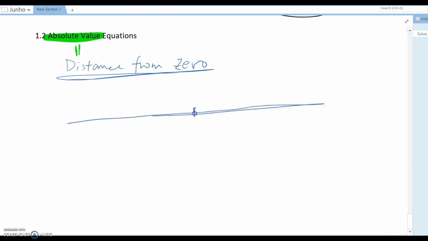On the number line, we just put 0 here. 1, 2, 3, 4. So negative 1, negative 2, negative 3, negative 4. We can say 1 is 1 unit away from the 0. At the same time, negative 1 is also 1 unit away from the 0.